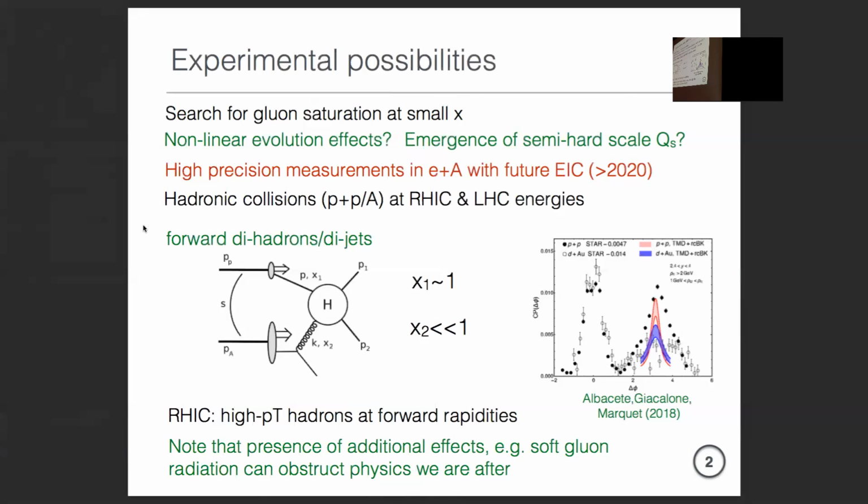At the parton level we produce two partons, which can be detected either as two hadrons or two jets. Looking forward, we can select the kinematics: we have a large x in the proton, and we pick up a very small x, and hopefully with that a sizable transverse momentum from the nucleus.